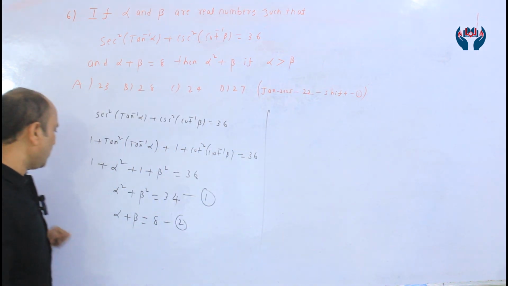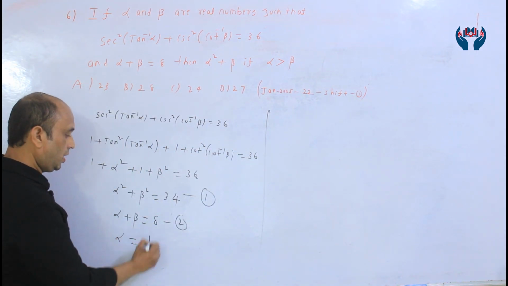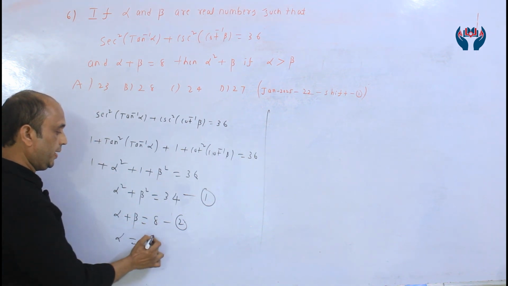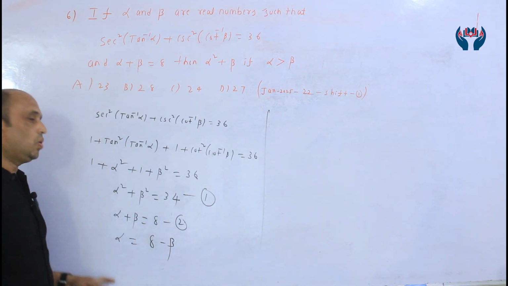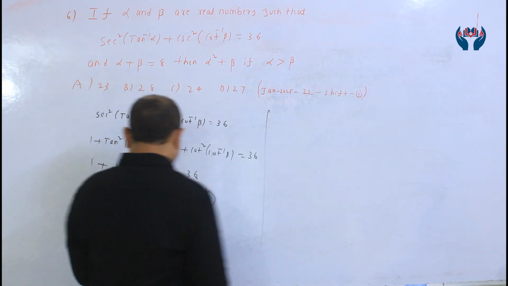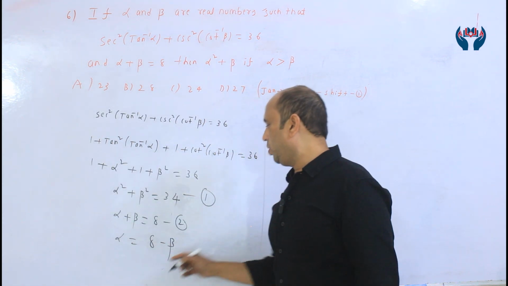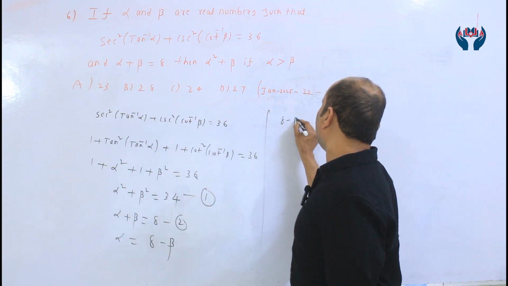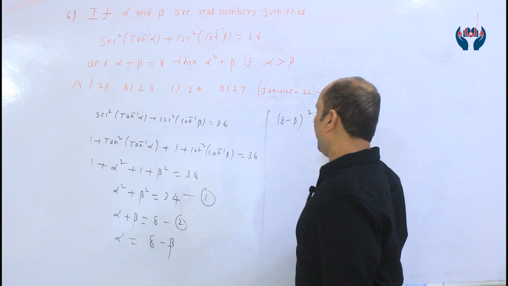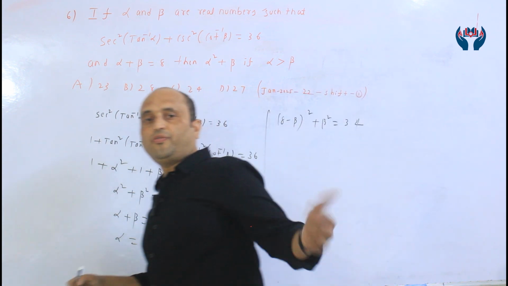From the second equation, alpha equal to 8 minus beta. Substitute this alpha in equation number 1. We get 8 minus beta whole square plus beta square equal to 34.